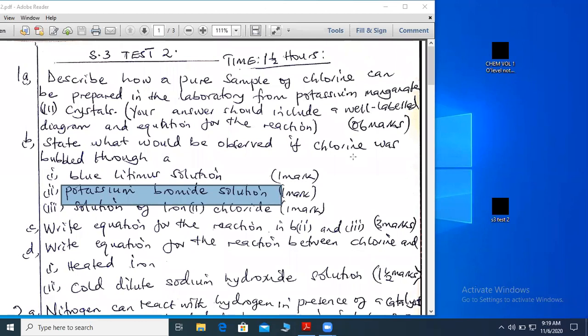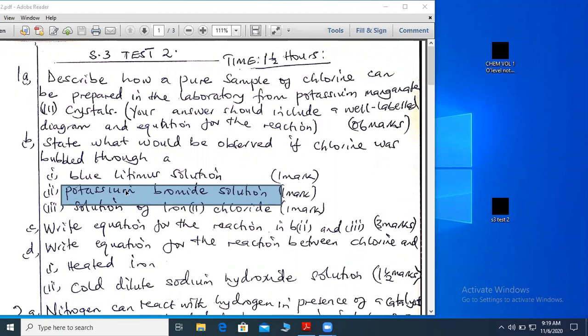So what happens? I want you to get your pen and we write this. What happens when chlorine is bubbled through a solution of potassium bromide? We had seen this in our notes, and we said the colorless solution turns to red or reddish brown.